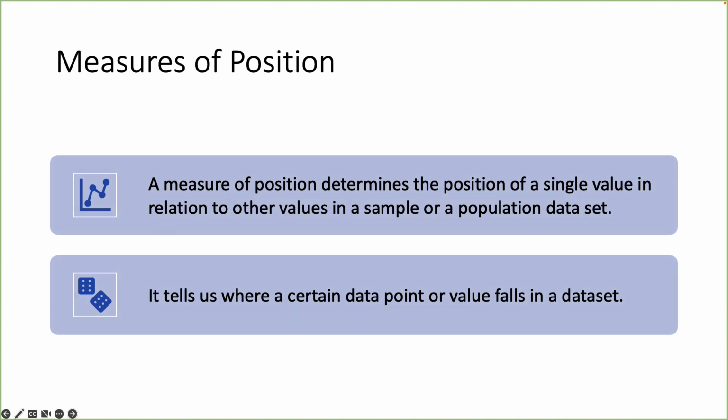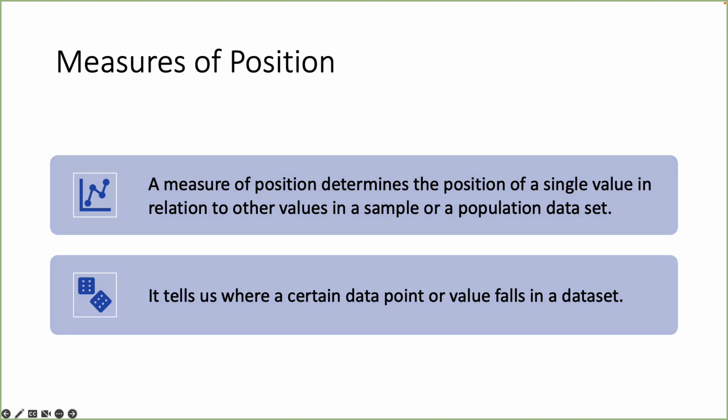You can think of it as your class ranking. When I say rank, it tells you where exactly you stand in terms of the score. So that's what a measure of position is all about at a very high level. It tells us where exactly we stand. In statistics, it is where exactly my data stands.